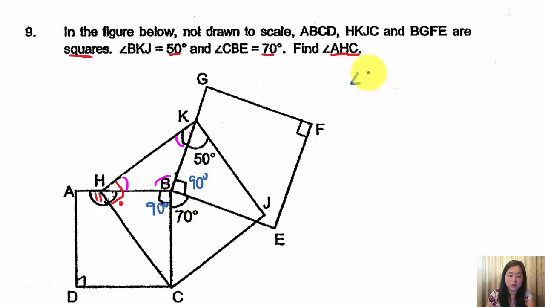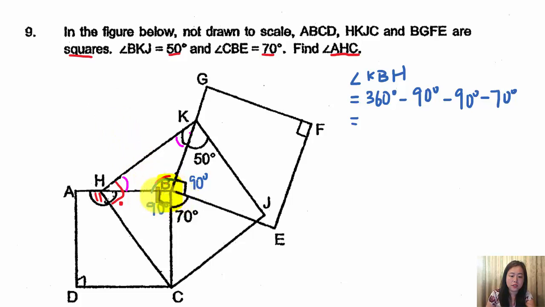So to find angle KBH, which is actually here, it is equal to 360 degrees minus 90 degrees minus 90 degrees and minus 70 degrees, because we are using angle at a point, where at a point it is actually 360 degrees. So the answer will be 110 degrees.